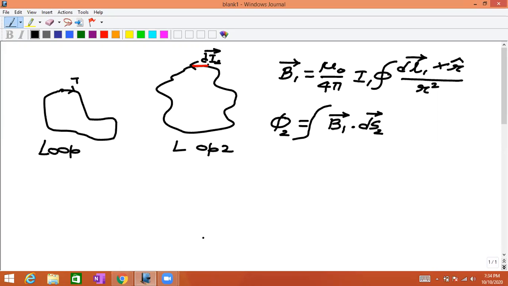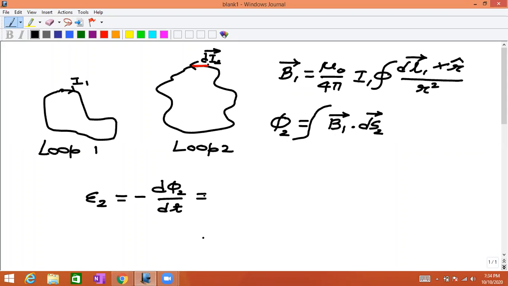Now, from Faraday's law, if we find the induced EMF, what will we get? According to Faraday's law, the induced EMF, epsilon 2, because the EMF is induced in loop 2, will be minus the rate of change of magnetic flux through loop 2, minus d phi 2 dt. But what is phi 2?